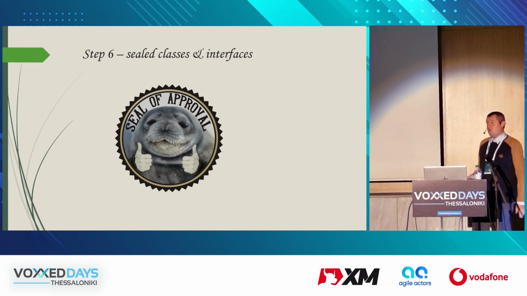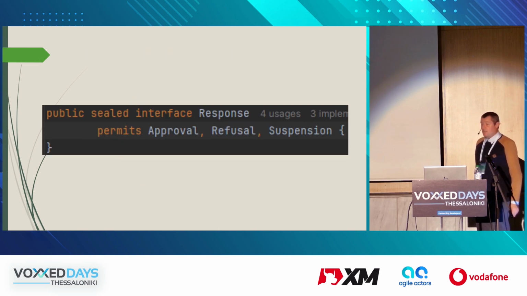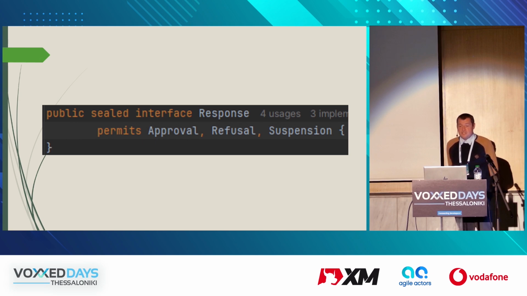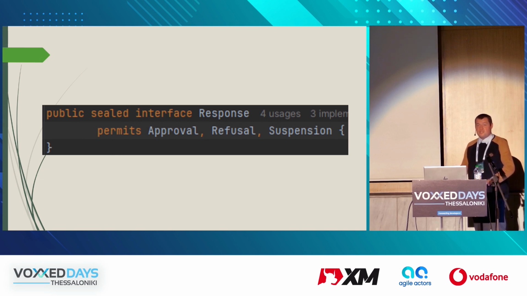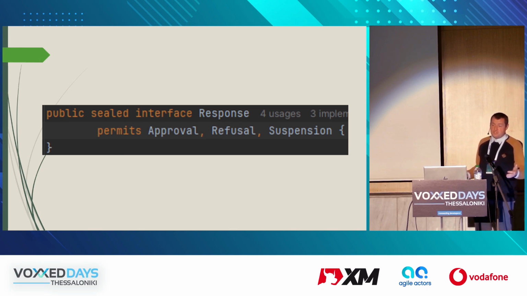Okay, let's go to our example. In our case, we will definitely seal the interface Response, and we state that only Approval, Refusal, and Suspension can inherit from it, which makes more sense because we do not expect any other types that will implement the Response, because we have only 3 possible states. Nice.